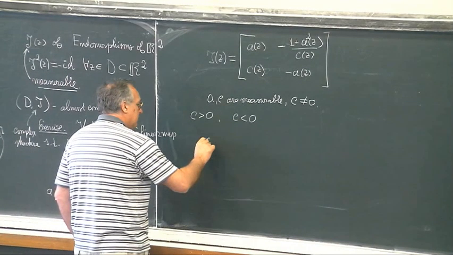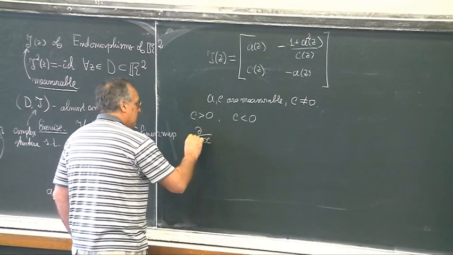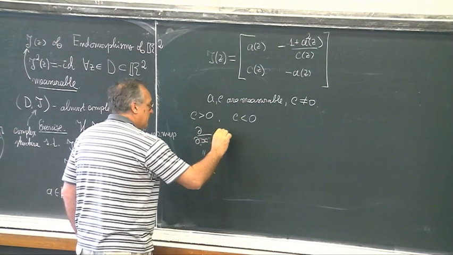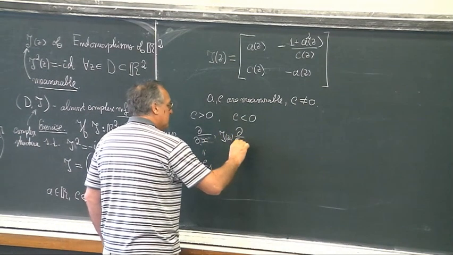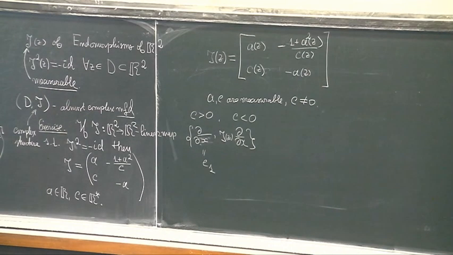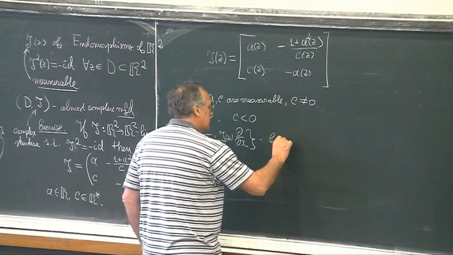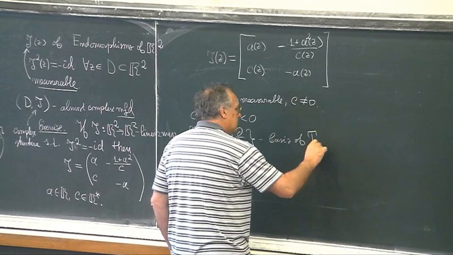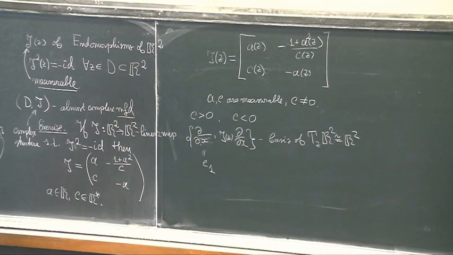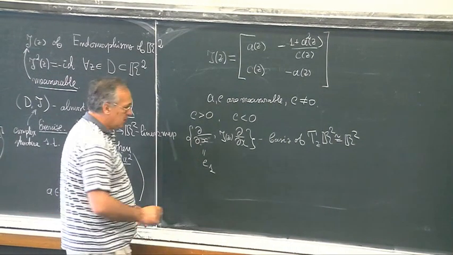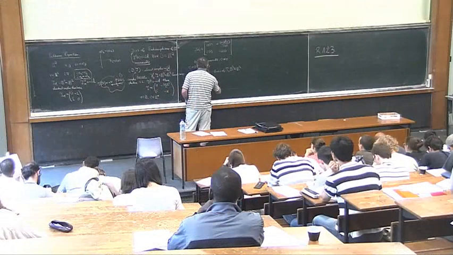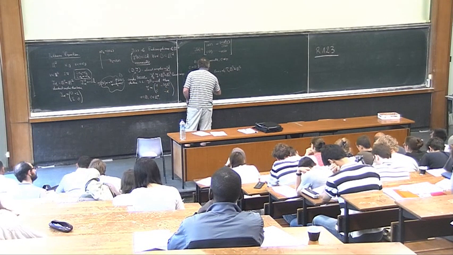If you take d over dx, which is E1 if you want, and J at z of d over dx, and look on this as a basis of the tangent plane to R2, of course this is the same as R2, then the transition matrix from this basis to the canonical basis has determinant c.